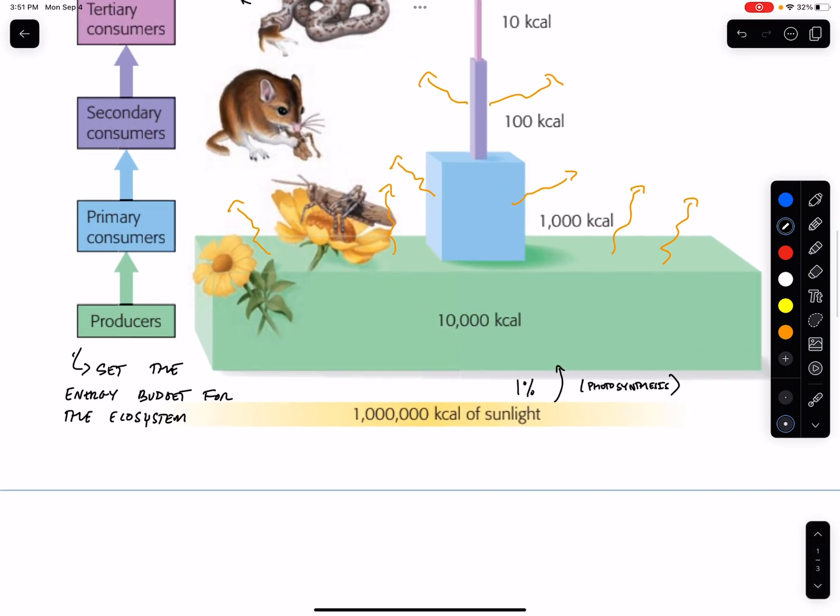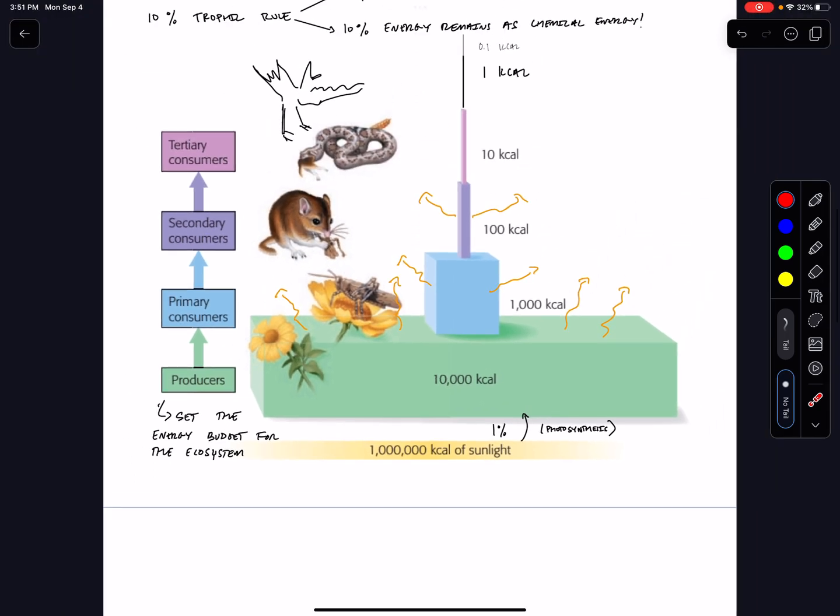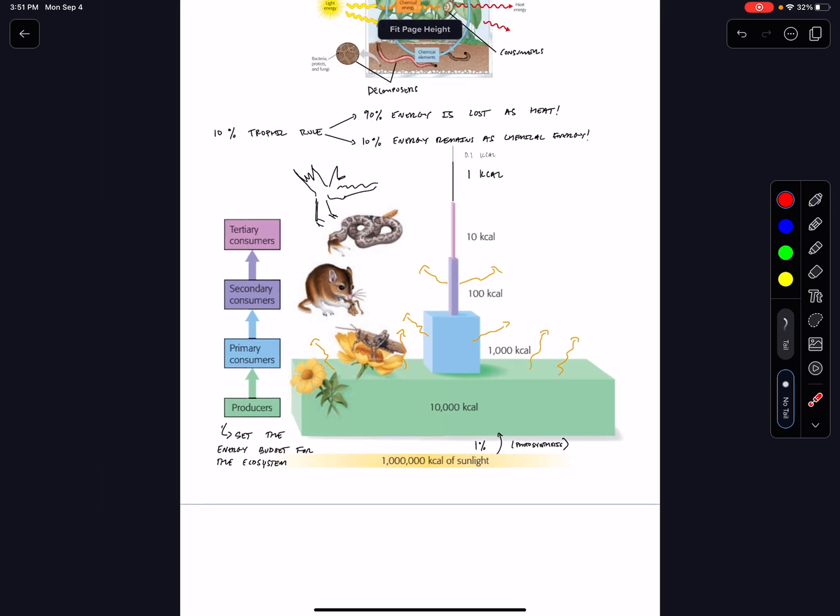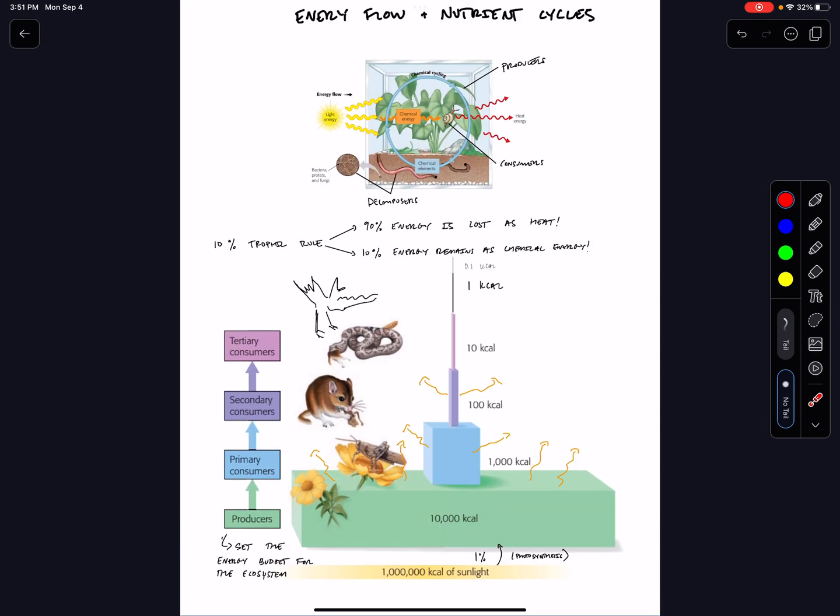Producers, their abundance determines how much or how high this pyramid can get before we just literally run out of energy. And yeah, that's the 10% trophic rule. Okay, see you in class tomorrow.